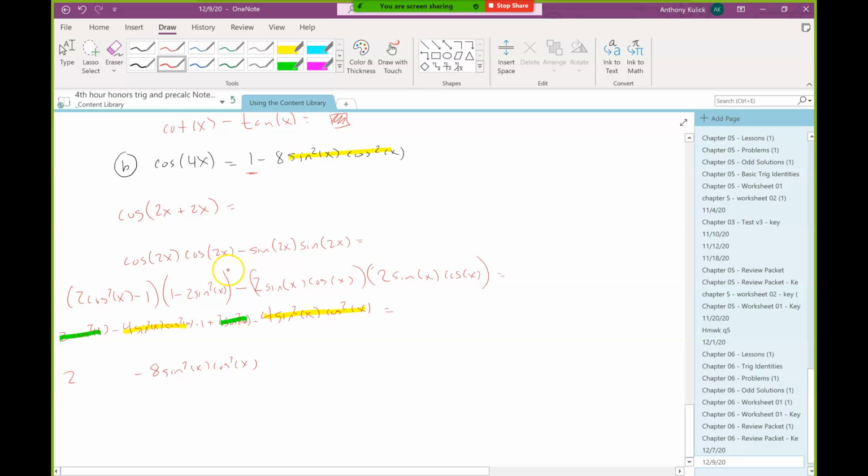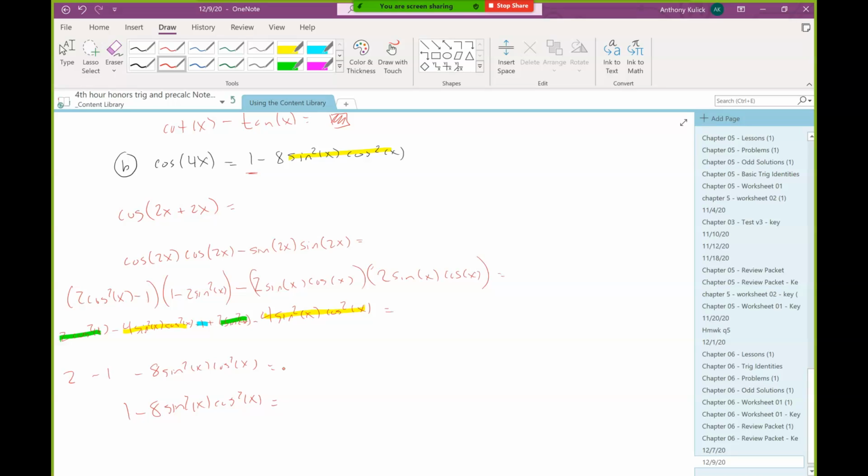And then I still have this minus 1 floating around. So I have 1 minus 8 sine squared x cosine squared x. And at this point, I regret probably not doing the double angle. But, oh well.